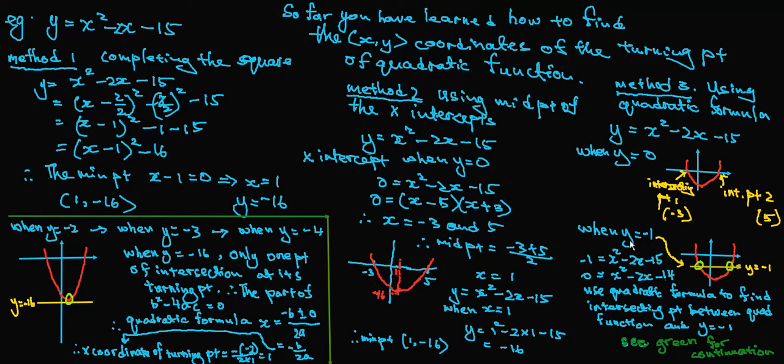Now let's say I have y equal to minus 1, that means a horizontal line. Okay, y equal to minus 1. And you substitute y equal to minus 1 inside, you bring this over, plus 1, so this is minus 4. How do we find the intersecting point between the quadratic curve and y equal to minus 1?